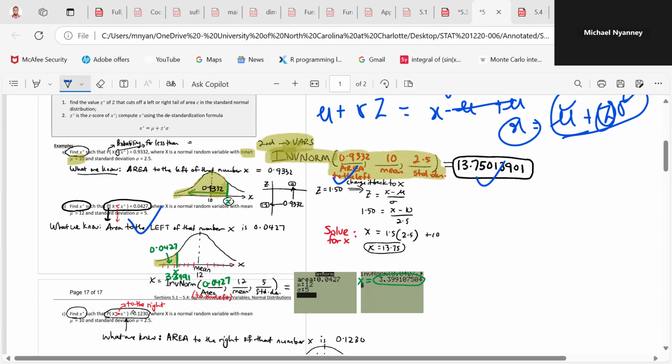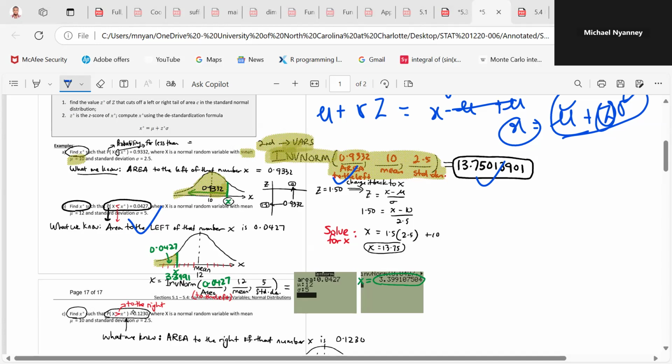So let's press. So it tells us the area. So the area given is 0.0427.